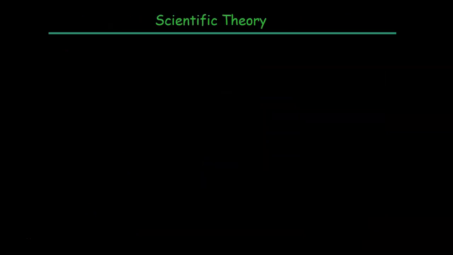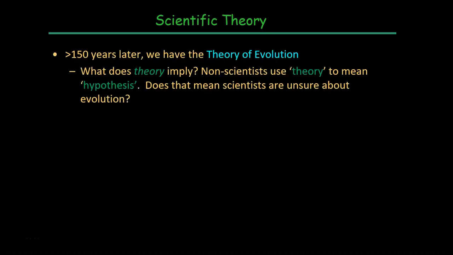All right. One of the common criticisms you hear about evolution from folks that try to cast doubt on it is they say, well, it's a scientific theory, and not even all scientists believe in it. Well, this is a misunderstanding of scientists' use of the word theory. We have 150 years later this thing we call the theory of evolution.